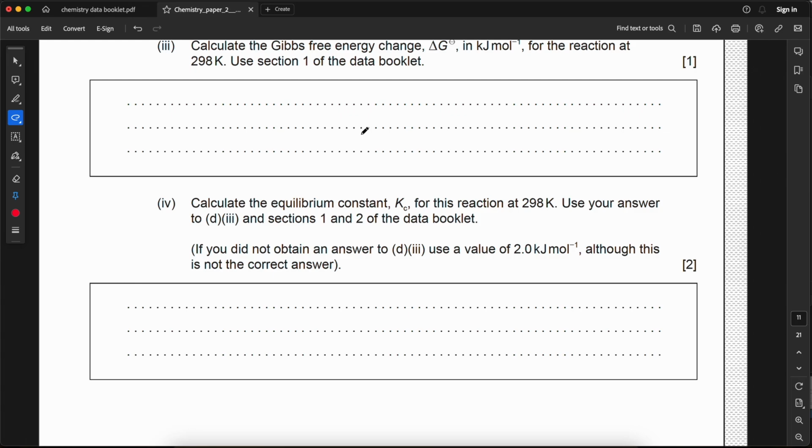Calculate the Gibbs free energy change in kilojoules per mole for the reaction at 298 Kelvin. So section 1 is the equation, which is delta G equals delta H minus T delta S. It's 53 kilojoules per mole minus 298 times 0.1665 kilojoules per K mol.